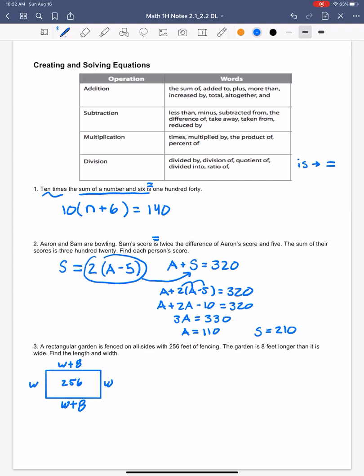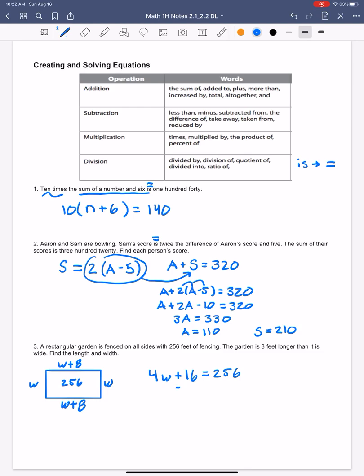And now we can go ahead and combine all of our pieces here. So I'm going to set up an equation. It's going to look like this. We've got 1, 2, 3, 4 W's, so that's going to be 4W plus, well, we've got 8 and 8, so that should be plus 16 equals 256. And then we can go ahead and solve it.